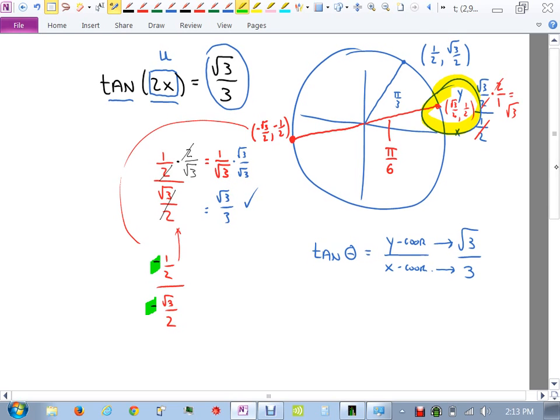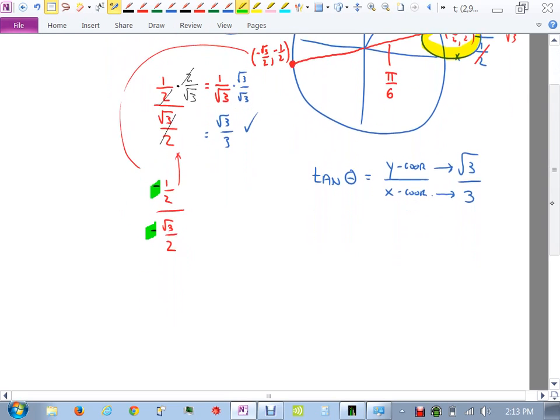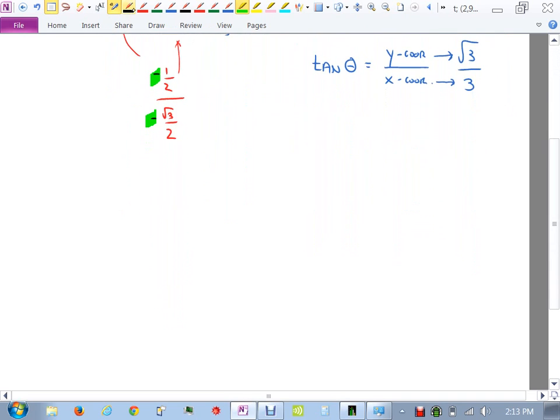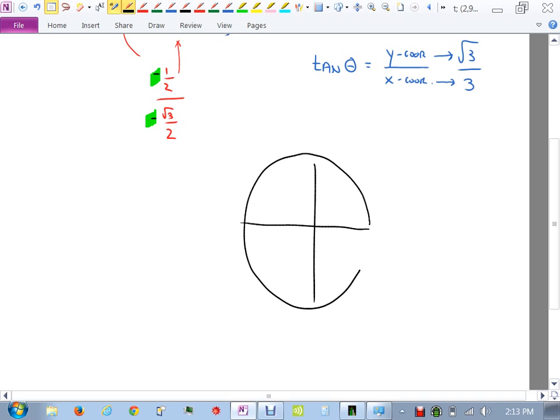All right, so here's what we've got now. If I go back to this circle, we know that the two angles where we get tangent to be root 3 over 3 are here, and then directly across from it, here.